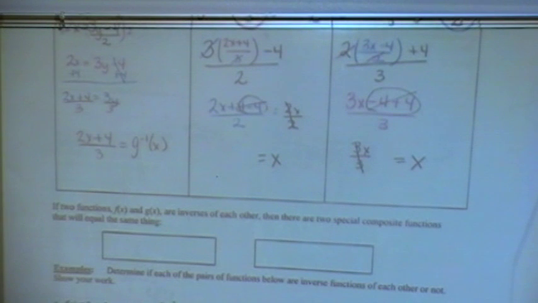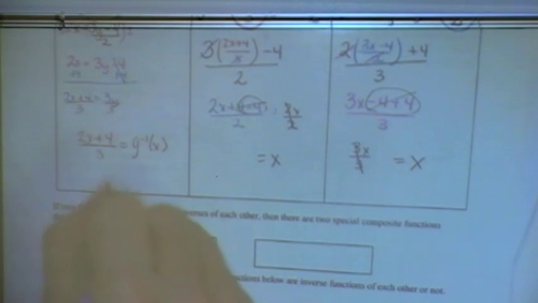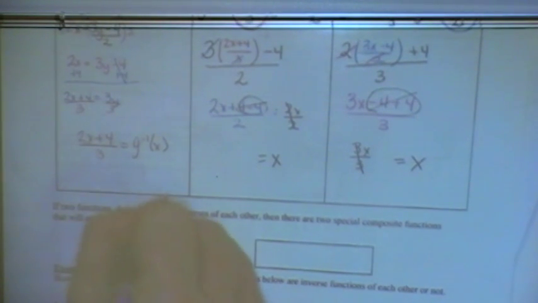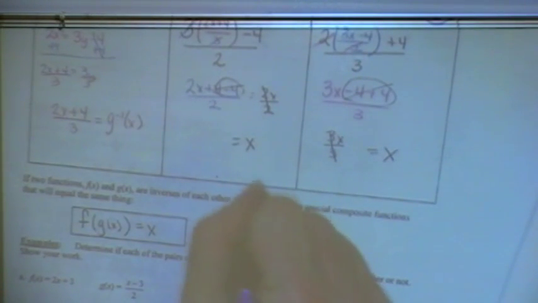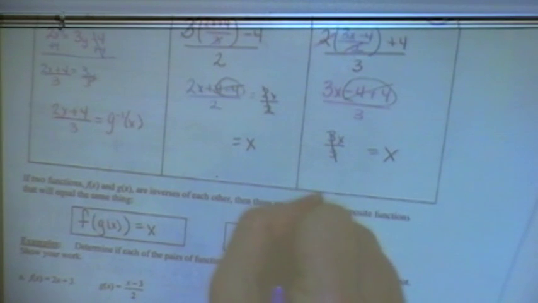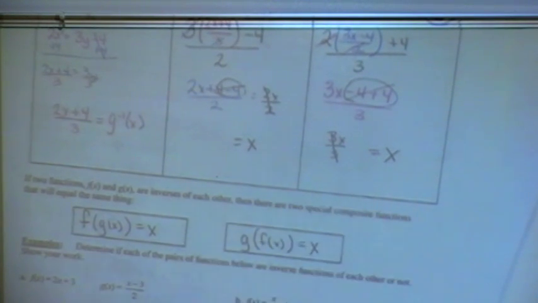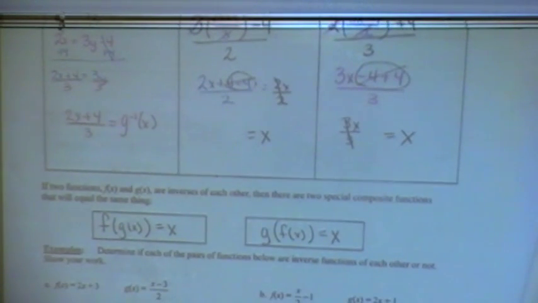If two functions, f of x and g of x, are inverses of each other, then there are two special composite functions that will equal the same thing. f of g of x should equal x, and g of f of x should equal x, if they are inverses of each other.